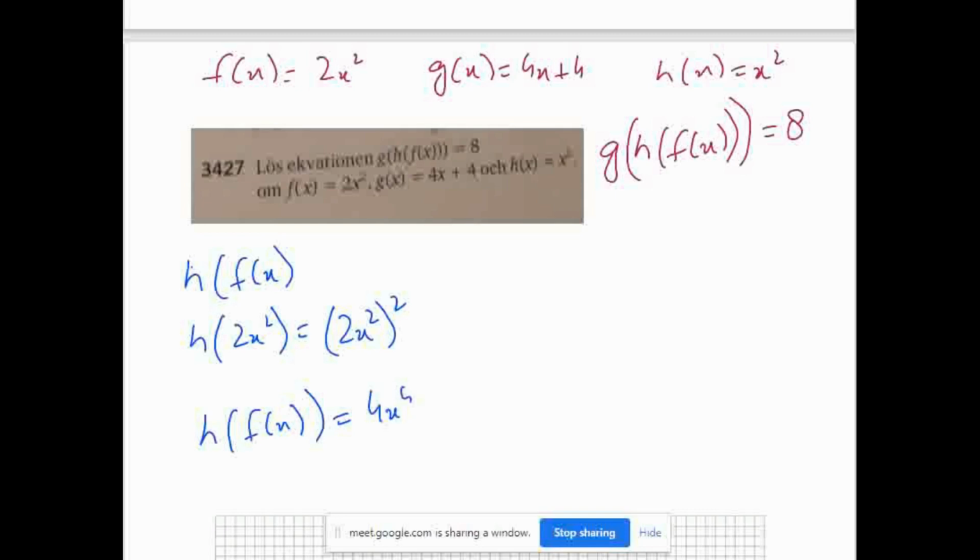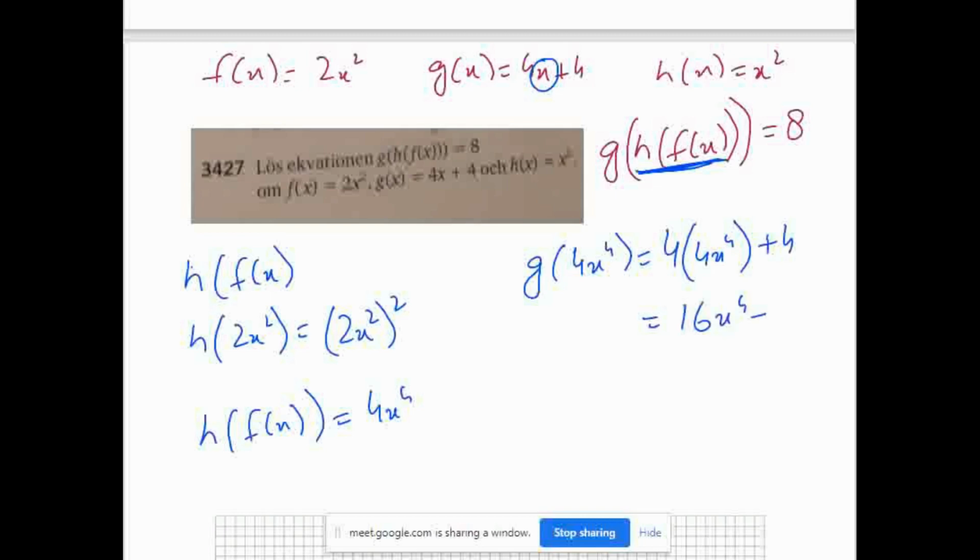Fine. So we have done the first part. Is it right or not? Now here we can see, we know the value of h f of x, so we have to replace it. So this is equals to 4x^4. So it means that we have to replace this x, so this will be equals to 4 times 4x^4 plus 4, and here this will be equals to 16x^4 plus 4.